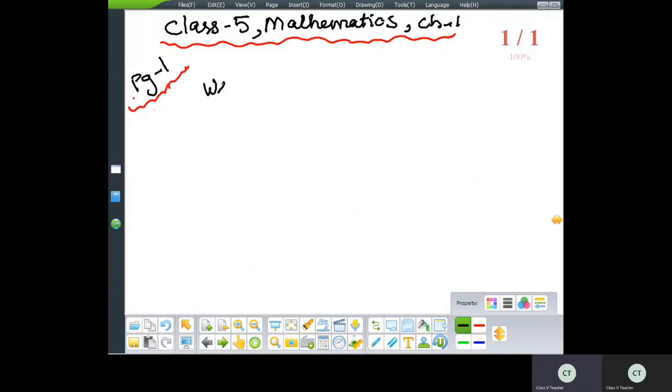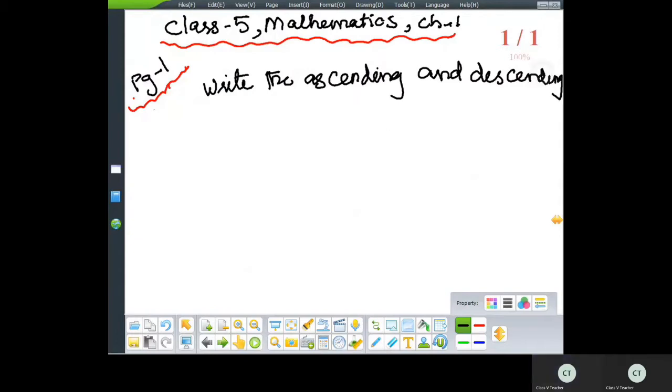So write the ascending and descending order of wickets. Okay, so firstly, let me write all the wickets. What are there in the question? Let me make a note of all the wickets which are there in the question.